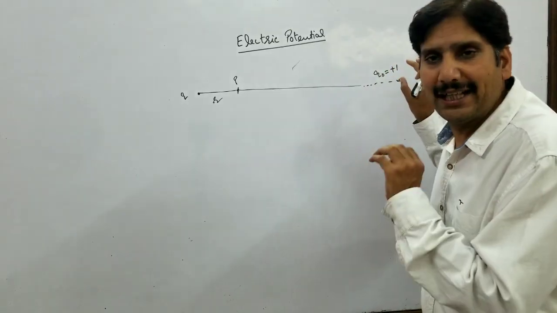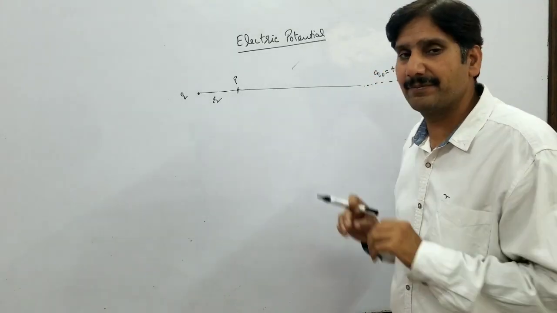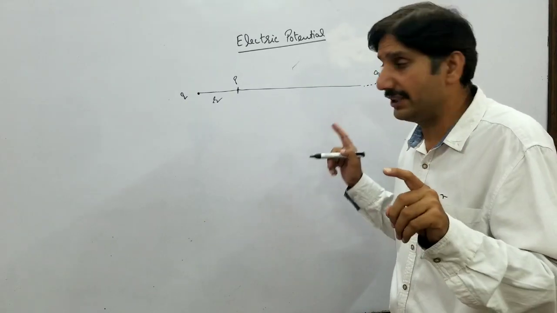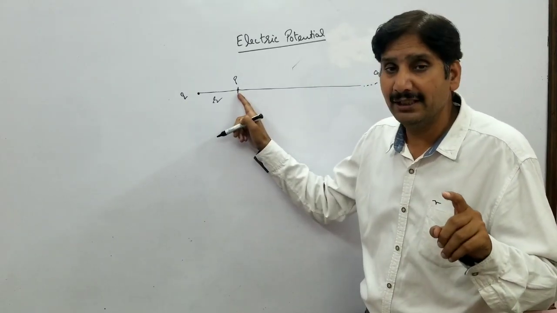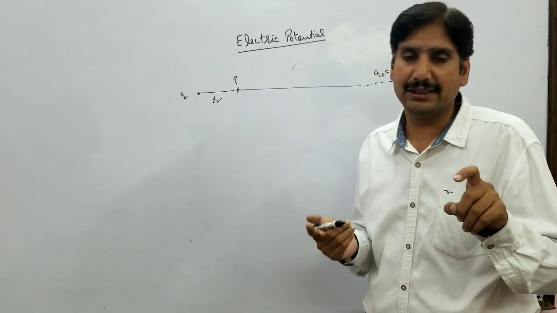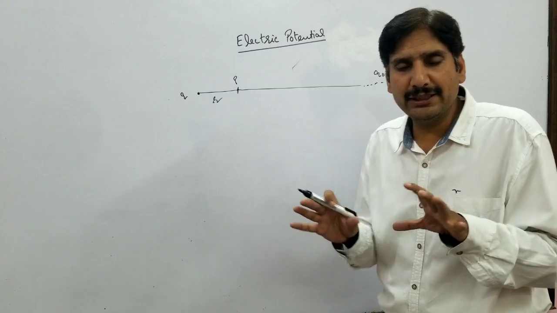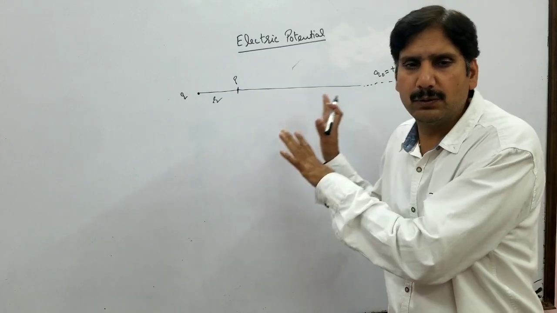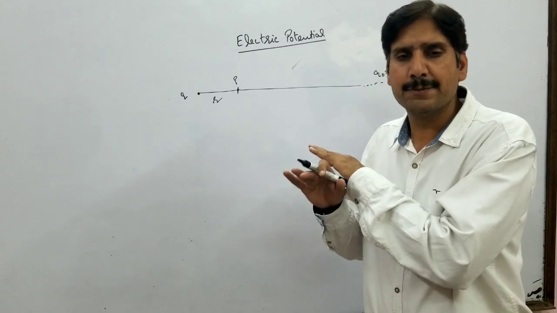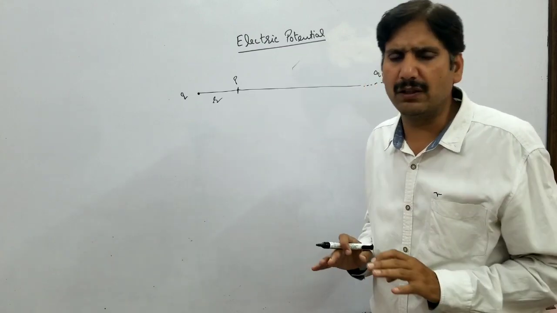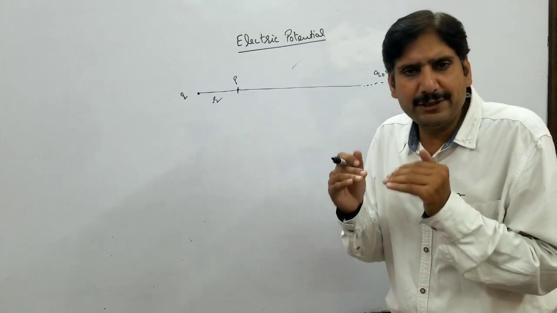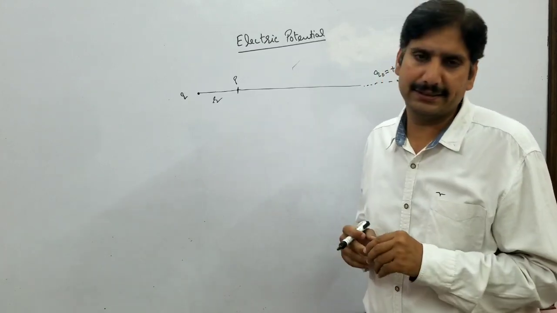If it gets some kinetic energy, that means whatever work you have done was not only to bring this charge to point P, but you were also working to provide kinetic energy to the particle. So we are assuming that we bring it so slow that at any point its velocity, its speed and its kinetic energy are infinitesimally small, practically zero. At every point it was almost at rest.